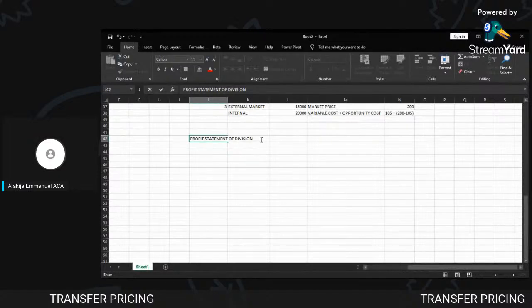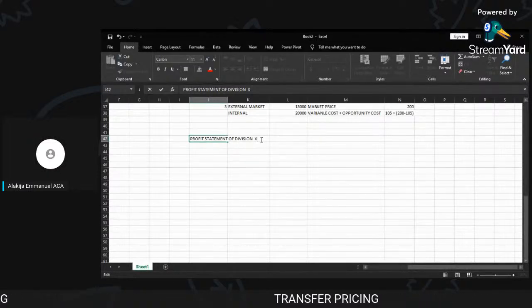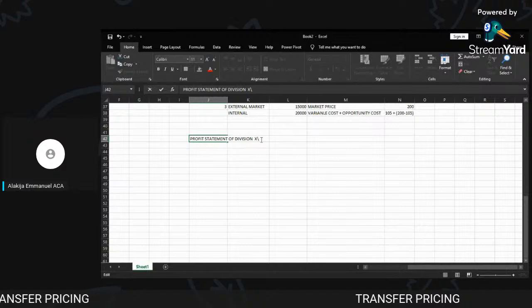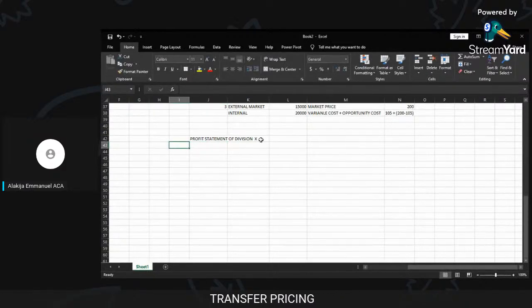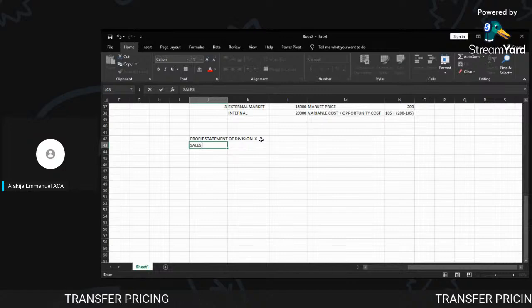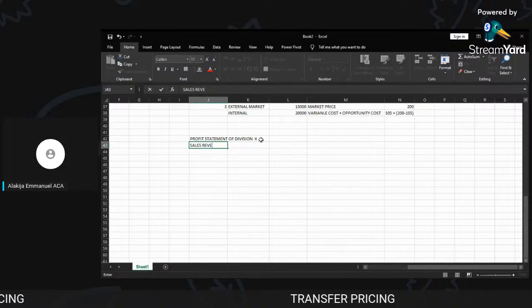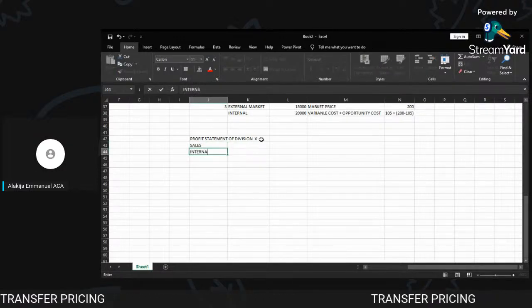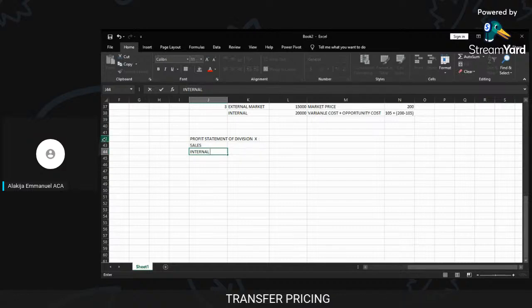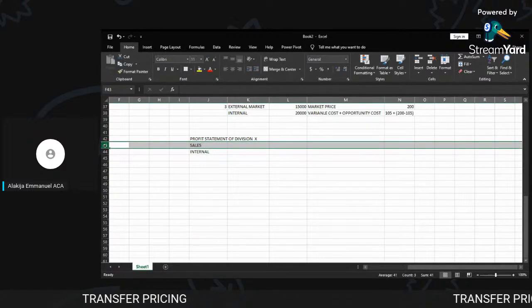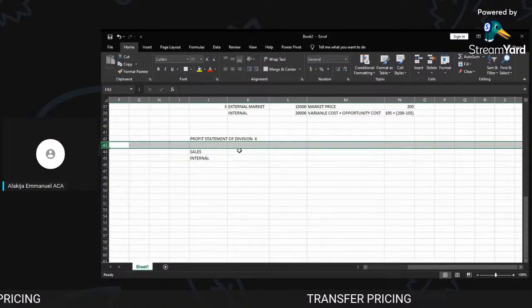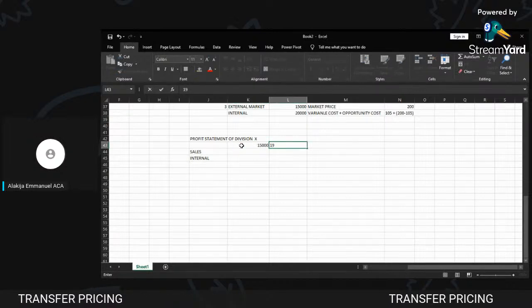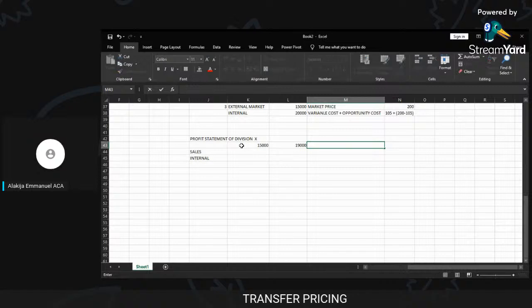The profit statement of division X. So I have sales revenue, I have internal, at external demand of 15,000, 19,000, and 35,000.